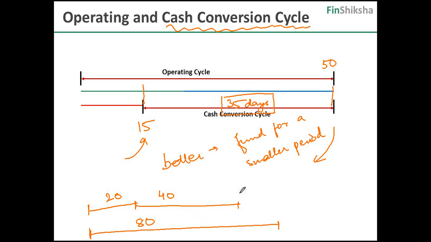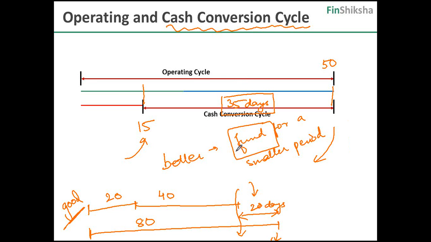So even after you have received the money, you earn interest on this money for 20 days before paying your supplier. As long as the company can maintain this scenario by choice, this is a good scenario to be in, because you are making money on the money you have already earned. Whereas in the first case, you have to fund the business for that period, which is the cash conversion cycle.